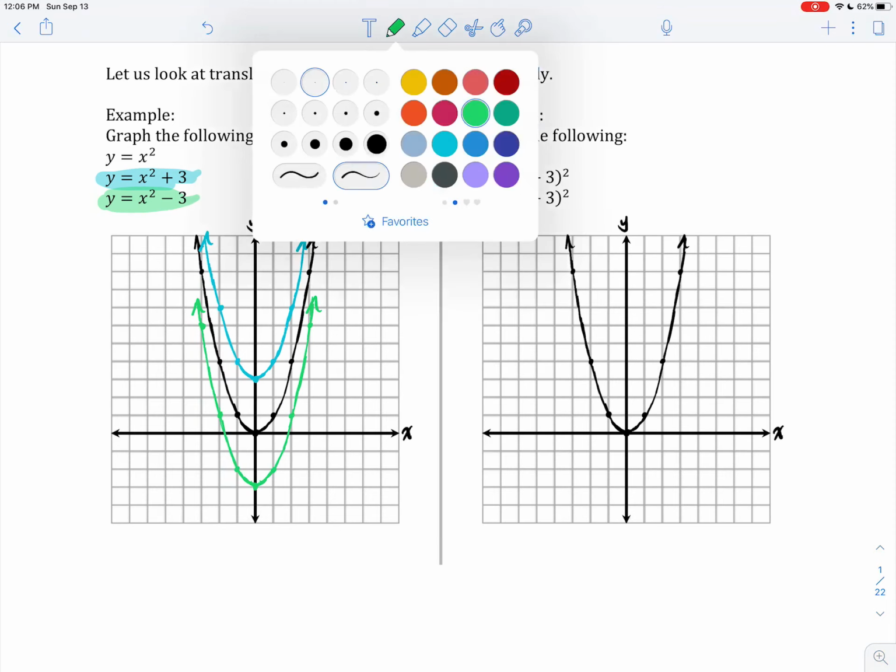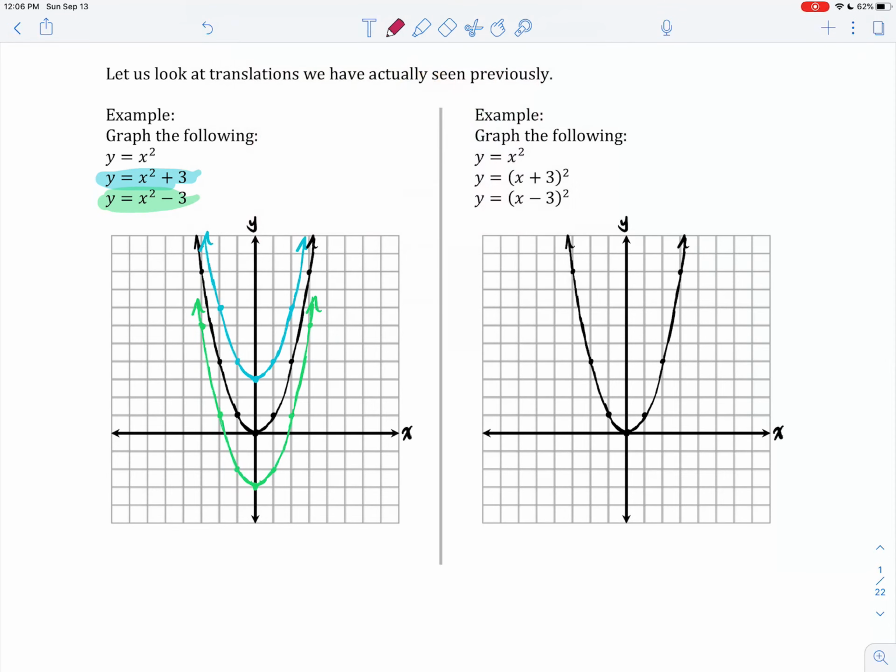So all the points just went up a few, up a few, up a few. Whereas y equals x squared minus 3 is like taking that original parabola and moving everything down a few, down a few, down a few. That is a translation. And we'll see something similar when we try the other one.